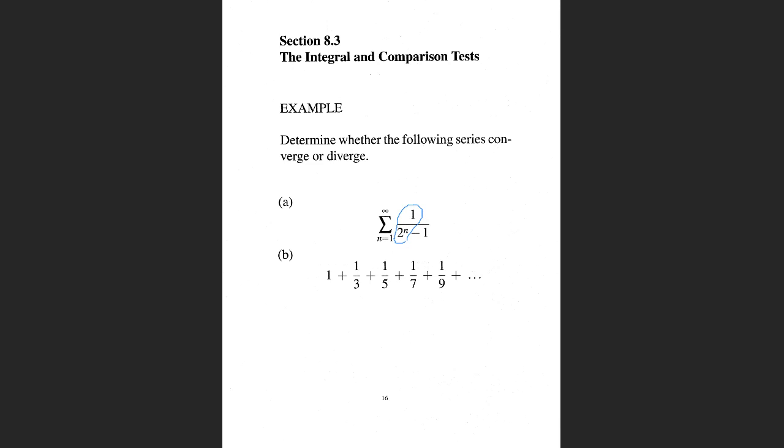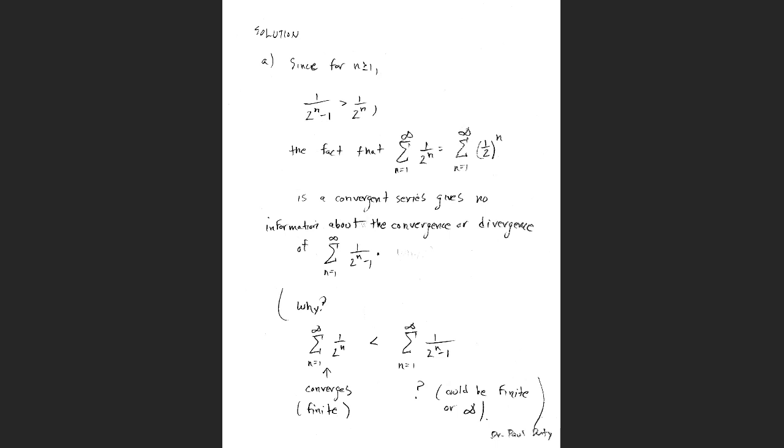Well, all right, let's go ahead and try a comparison. So I know that for n greater than or equal to 1, 1 over 2 to the n minus 1 power would be greater than 1 over 2 to the nth power, because 2 to the nth power minus 1 in that denominator is less than 2 to the nth power.